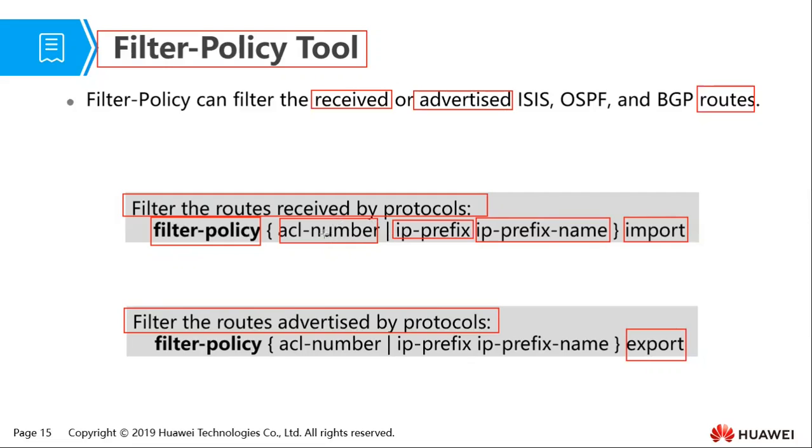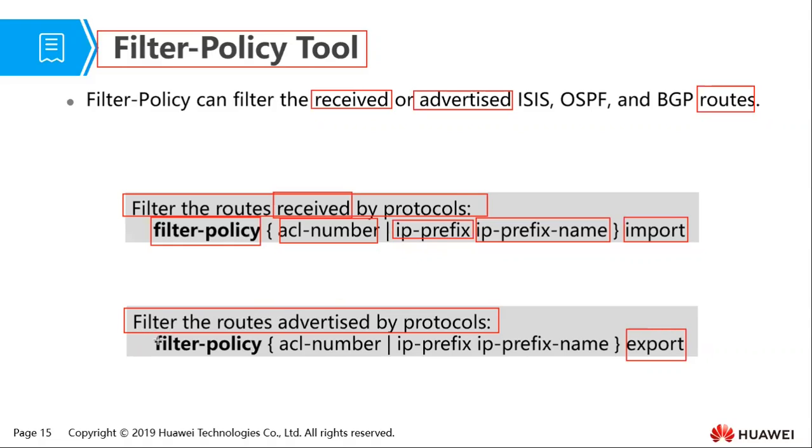If we have a deny clause, then we cannot learn, we cannot receive that route. If in the ACL we have a permit, then we can learn that route. Similarly, if we have a permit in the IP prefix, then we can learn that route. If we have a deny, we cannot learn it.